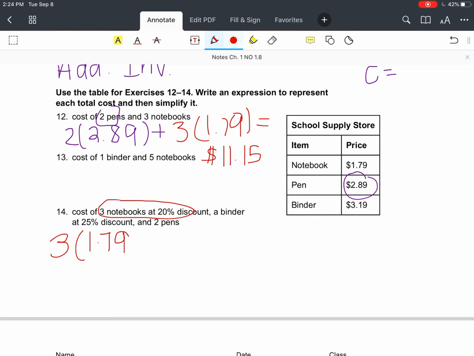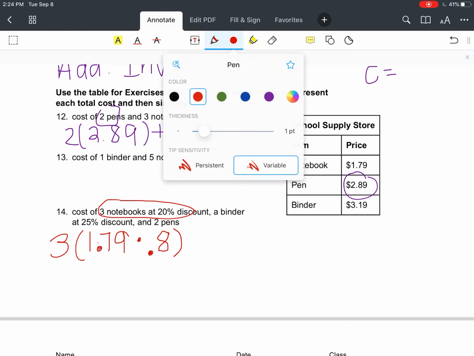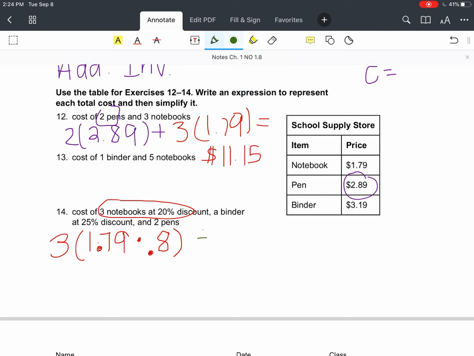Okay, if I'm getting 20% off, you need to think to yourself, how much am I actually paying? If I'm getting 20 off, I'm actually paying 80% of it. Well, 80% as a decimal is 0.8. So if I multiply 0.8 by 1.79, that'll give me the cost of 1 notebook at the 20% discount, and I'm going to be multiplying that by 3.